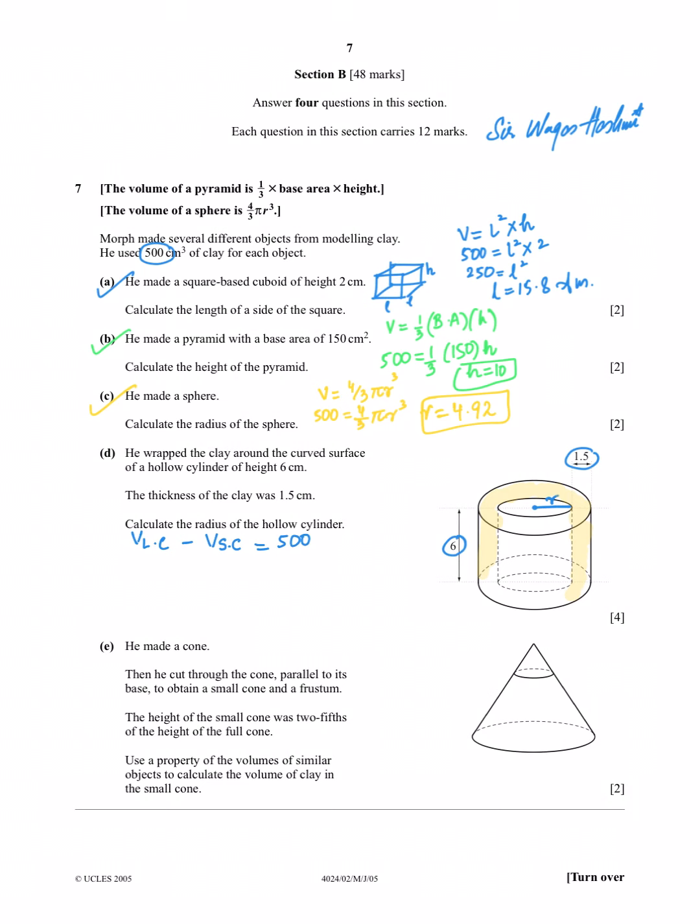So volume of larger cylinder is pi r square, the height is 6, minus volume of a smaller cylinder pi r square, height is 6, equals 500. Now the radius for the outer cylinder will be r plus 1.5. So I'm just writing r plus 1.5.